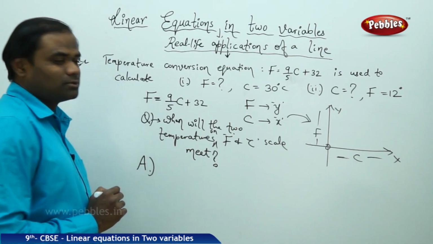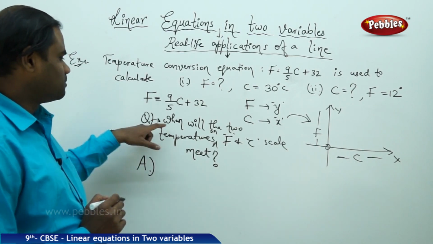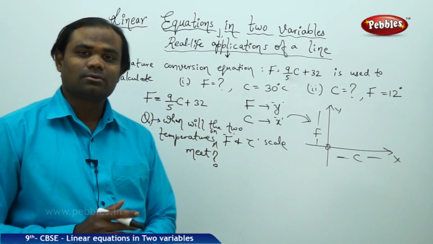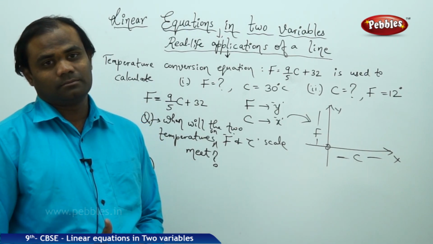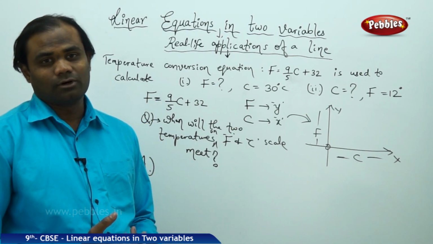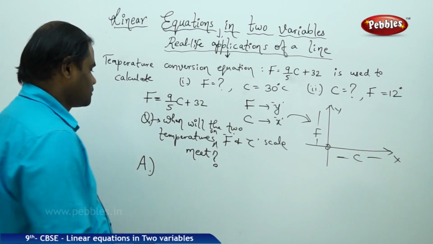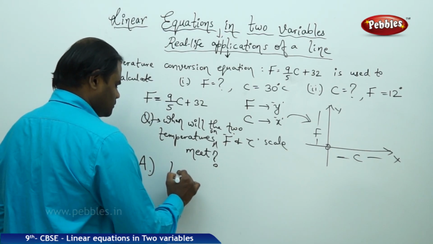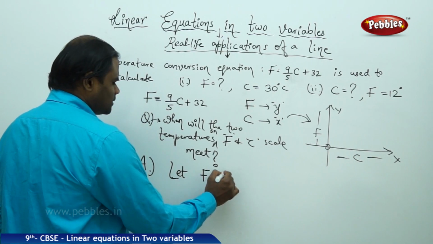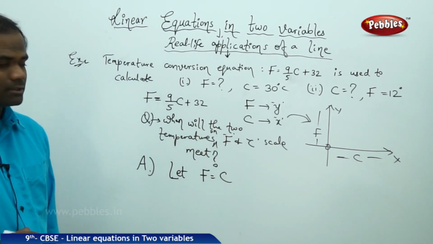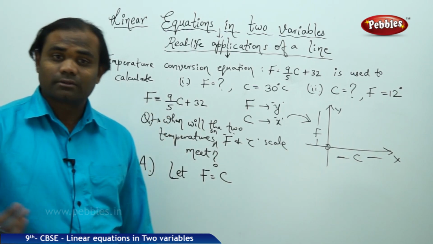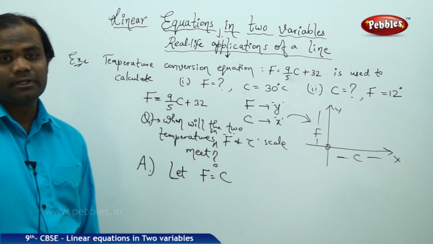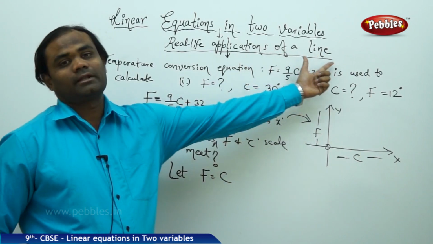In order to do this problem, it is very simple: we assume that the two temperature scales are equal and then find the value. A reverse process of working out. So assuming that F equals C, let's try to find the value utilizing, of course, the linear equation, a real life application of a line.